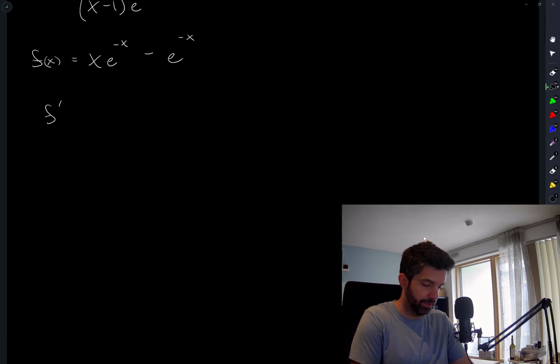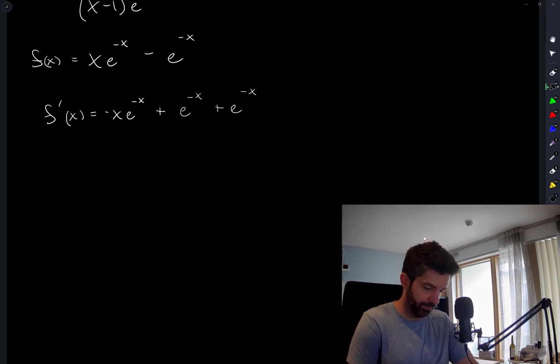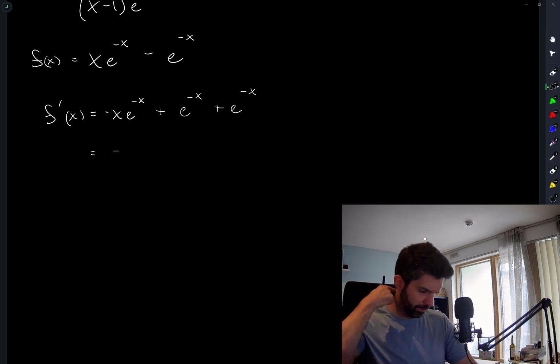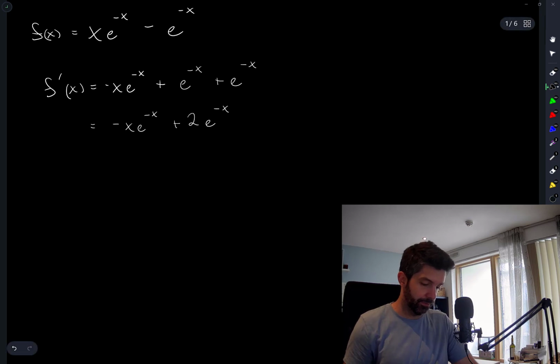Let's take one derivative. f prime of x is equal to negative x e to the negative x plus e to the negative x plus e to the negative x. So this is negative x e to the negative x plus 2 e to the negative x.